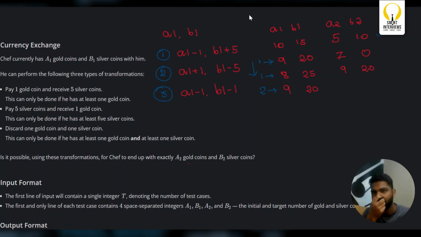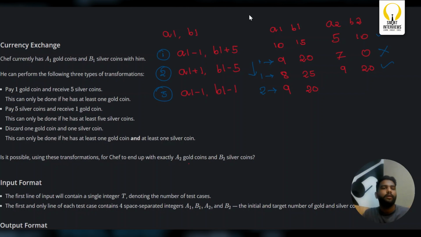And what about the second one? I can perform operation 1 for 3 times, right? I guess this is not possible. This is not possible, whereas this is possible, we already saw this.